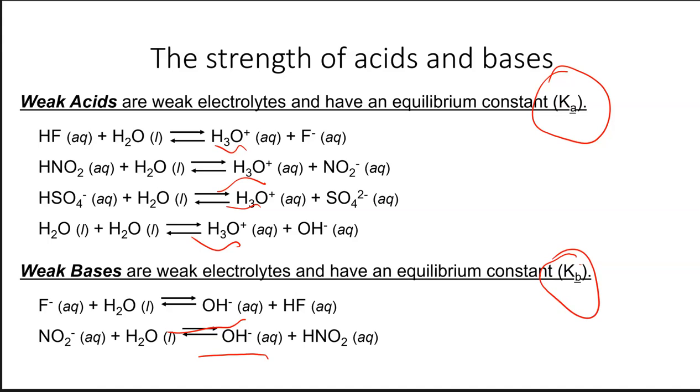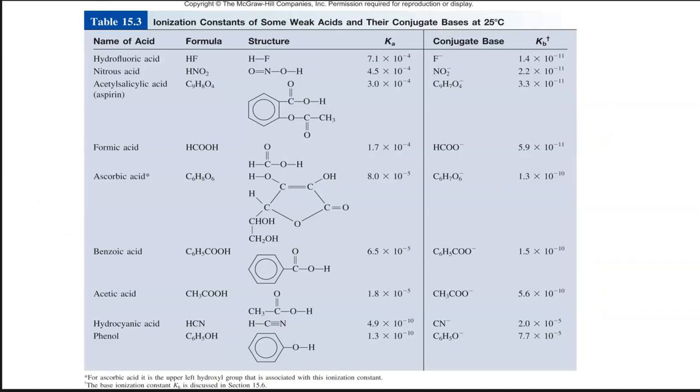And one thing we can look up when we're working with weak acids and weak bases are tables of equilibrium constants. Every single weak material has a Ka value, and likewise the conjugate base has a Kb value.